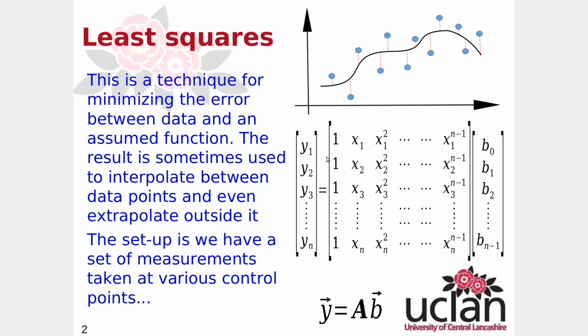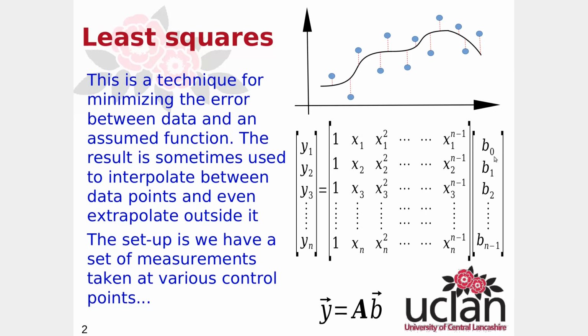Or if we assumed a quadratic, we would have the first value of y, and corresponding to this in the matrix we would have 1, the first value of x, then the first value of x squared, and if it was a cubic we'd have a cubic. But the idea is we keep the values like and like. So if it's the first value here, then it's the first values that we put throughout this matrix, and so on.